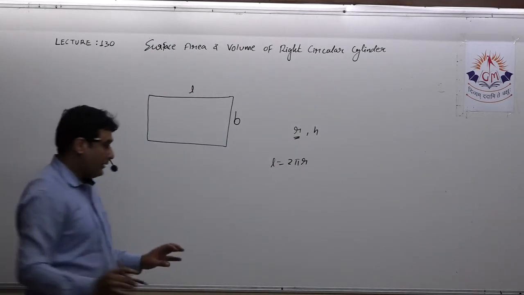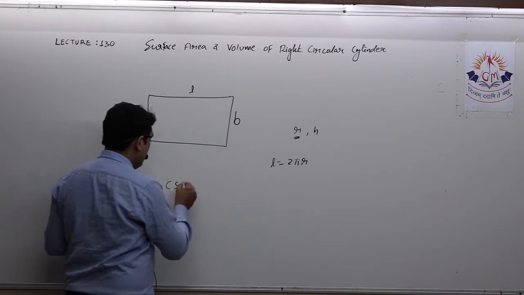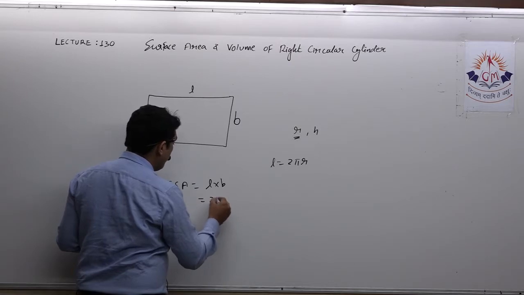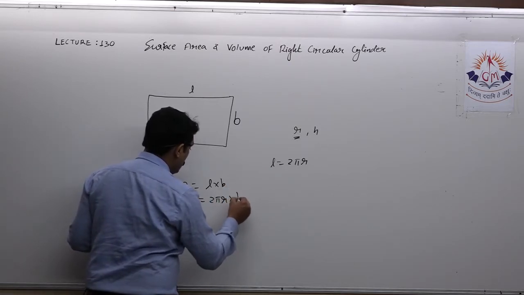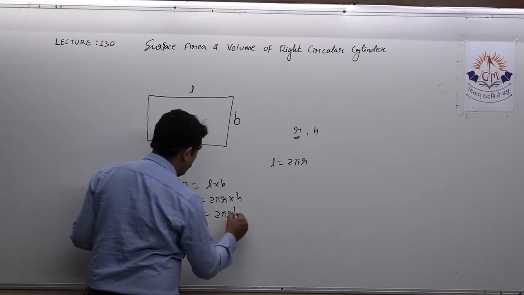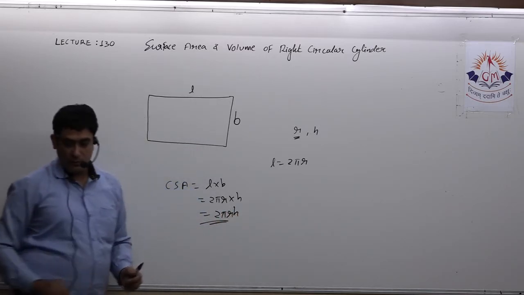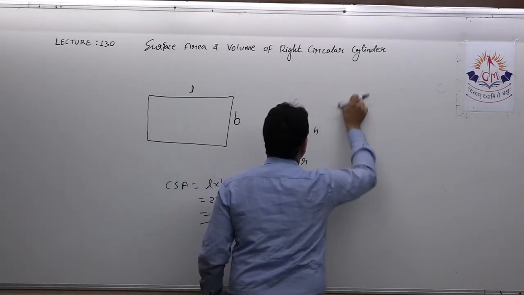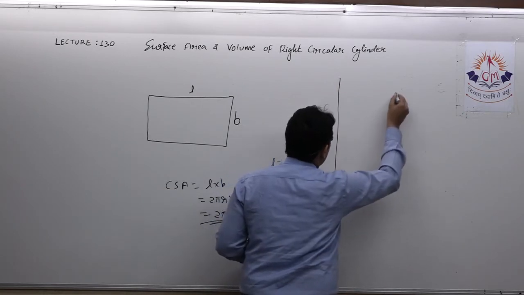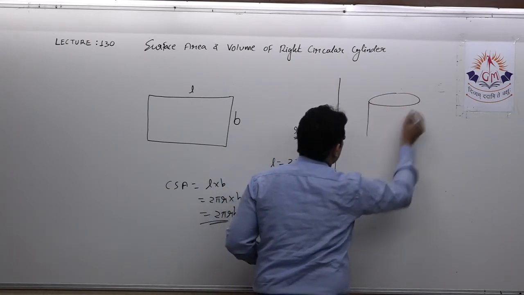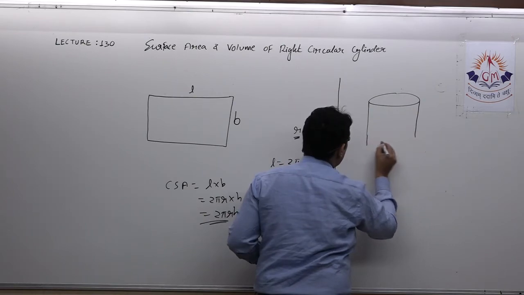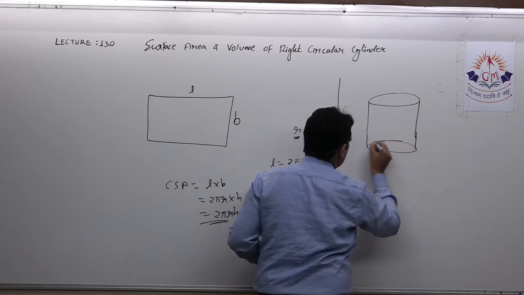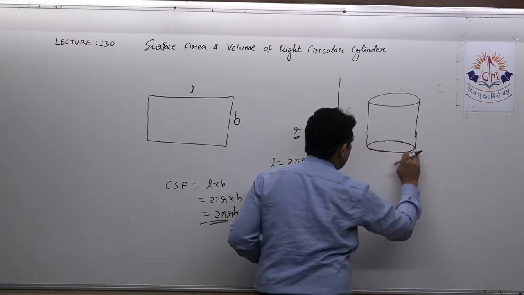So CSA, that is curved surface area, is actually the area of this rectangle, that is L into B. Now L becomes 2 pi r and B becomes h. So this gives you 2 pi r h, that is the curved surface area of the cylinder. So this is the first thing that we have to put down for the cylinder. Okay, this is the cylinder, this is the way to draw the cylinder on paper.